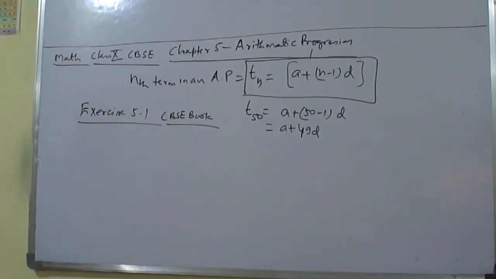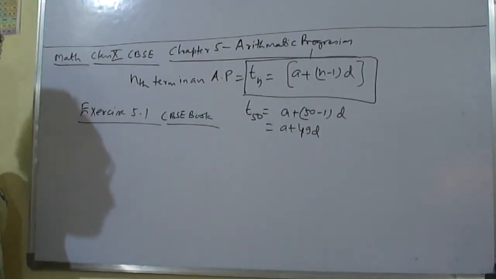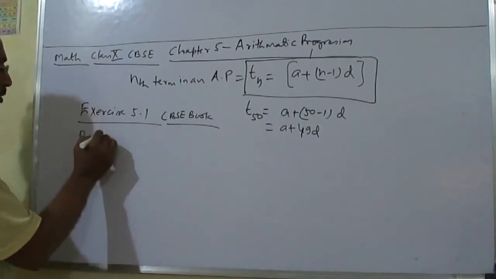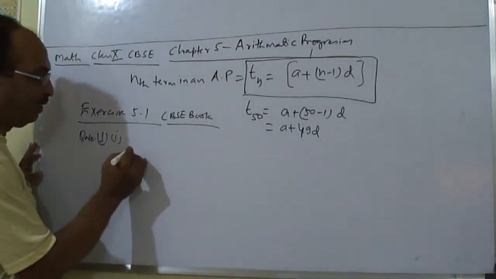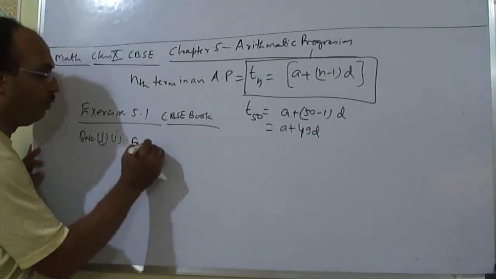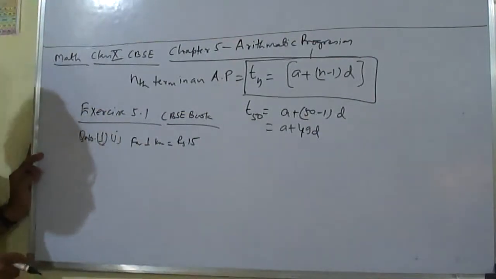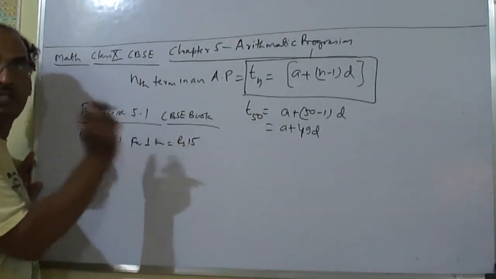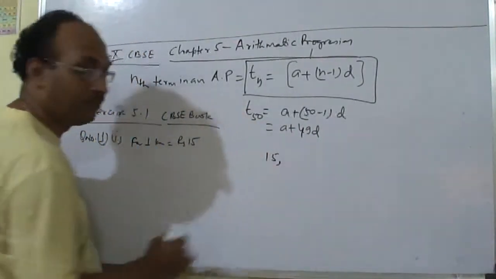We need to say whether it is forming an AP or not. For the first kilometer, rupees 15 is the fare, so the first term is 15.